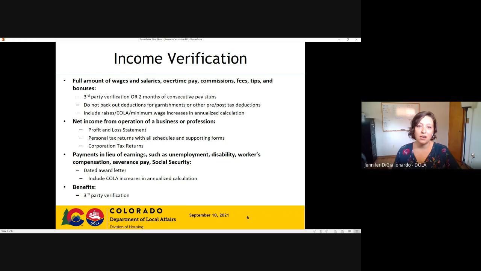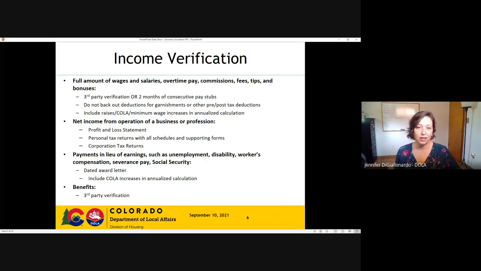It's worth mentioning, you don't back out the deductions for garnishments or pre-tax, post-tax deductions. You want to include that in the gross calculation. Again, consider those raises, any cost of living adjustments, that's what COLA means, or any minimum wage increases, that should be considered in the annualized calculation.